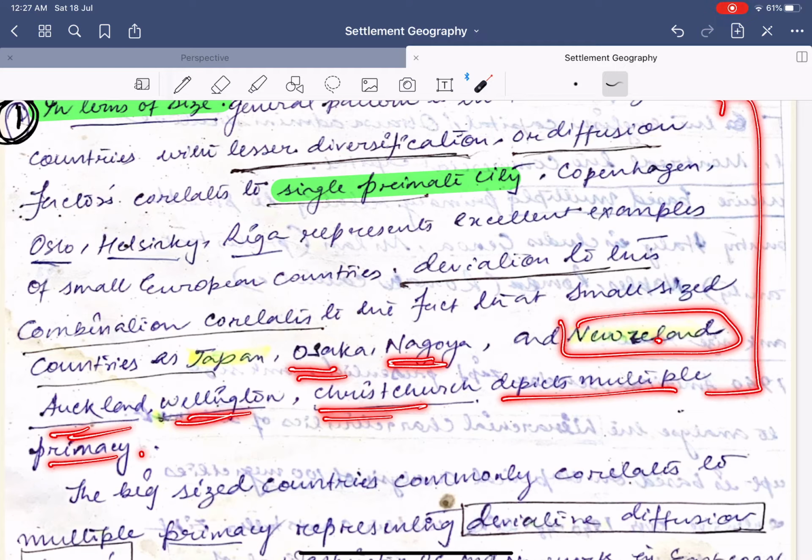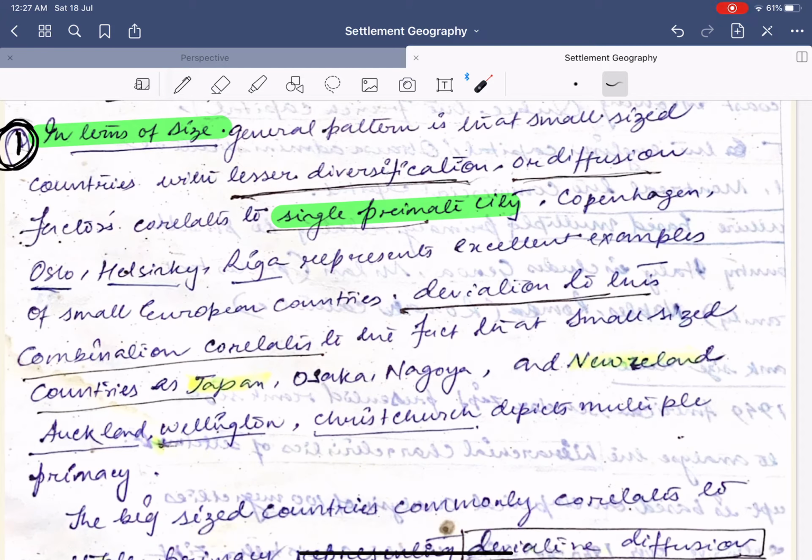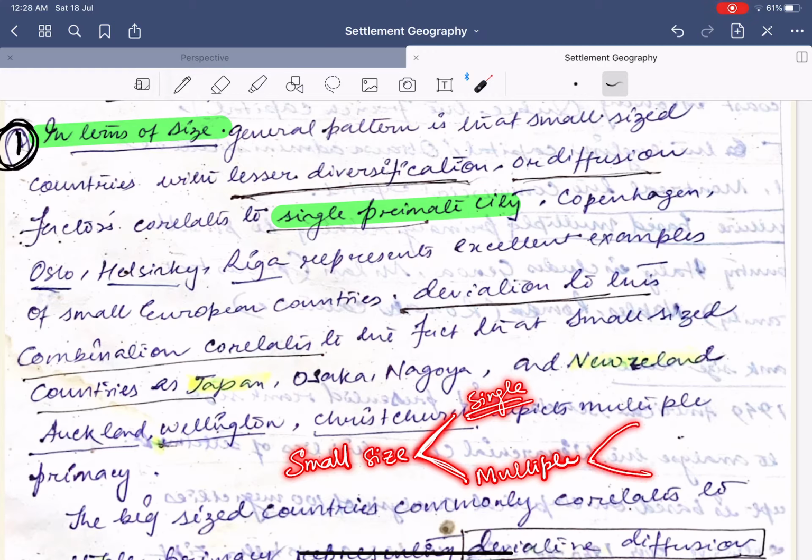So what is there to understand? In terms of size, first of all, we talked about the small size countries. Within the small size countries itself, we categorize again into two parts: small sized country with multiple primacy, and small sized country with single primacy. Within multiple primacy, we took the example of Japan and New Zealand.